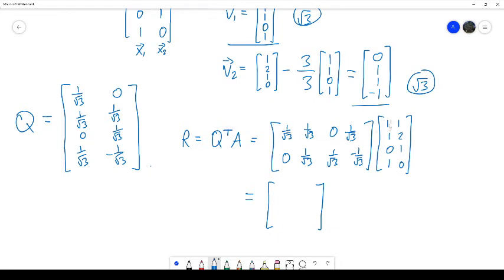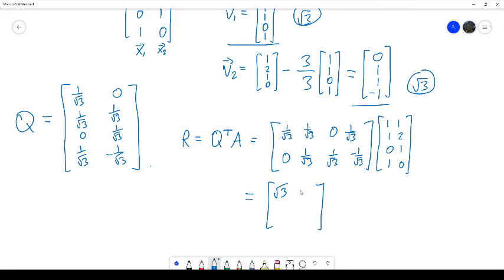So first, here we just have the sum of all three of these. We're going to get 3 over root 3 in this first component. So 3 over root 3, we can simplify to square root of 3 by using that cancellation trick. Second, we'll do the first row in the second column here, and we'll have 1 plus 2 of these.